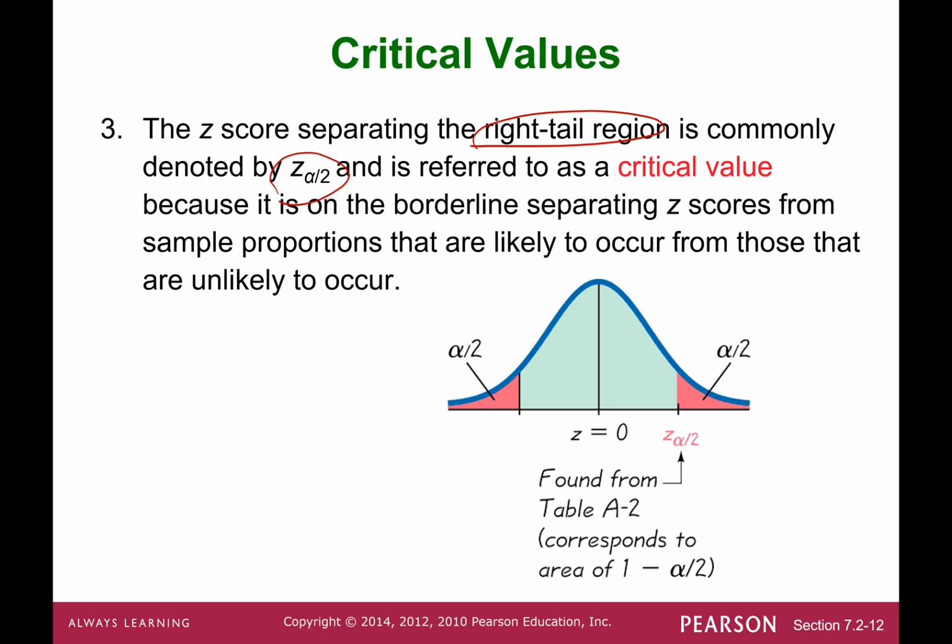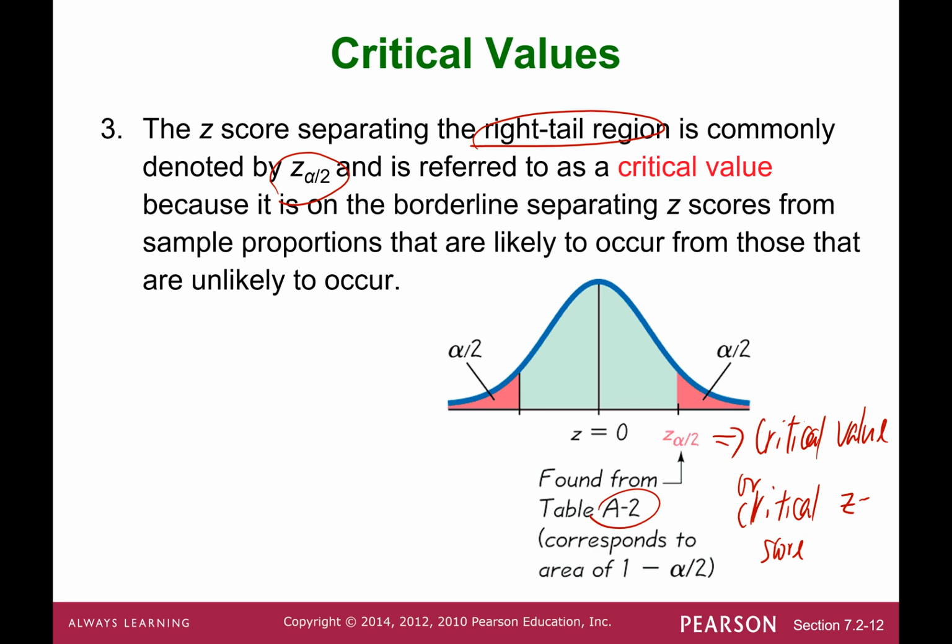This is what we call the critical value, or critical z-score. You can easily find it from Table A2, on the bottom right-hand corner of the second page, where you'll be able to find those common critical values.